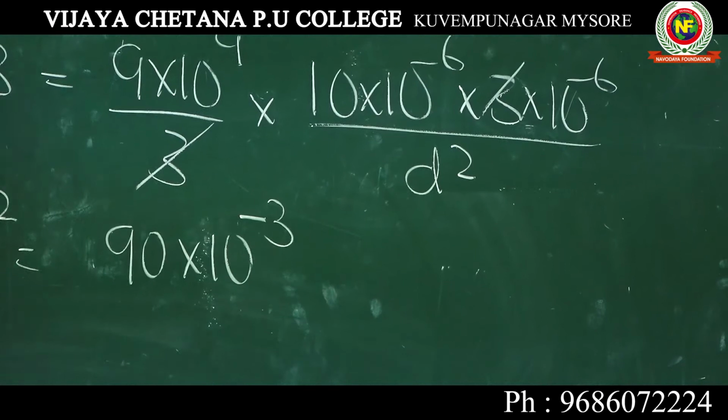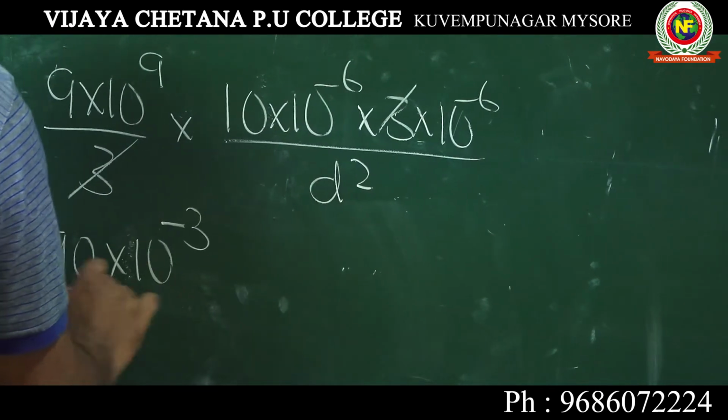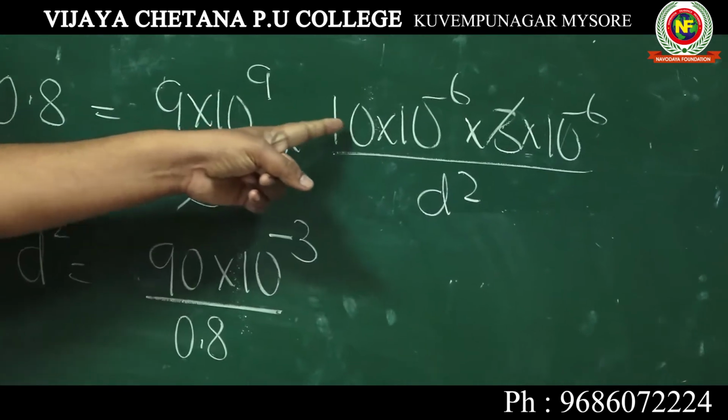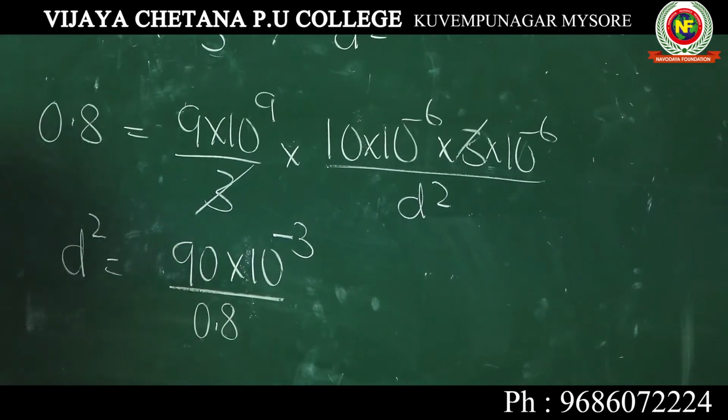And in the denominator we get 0.8. So 3 cancels, 10 power minus 3 divided by 0.8.